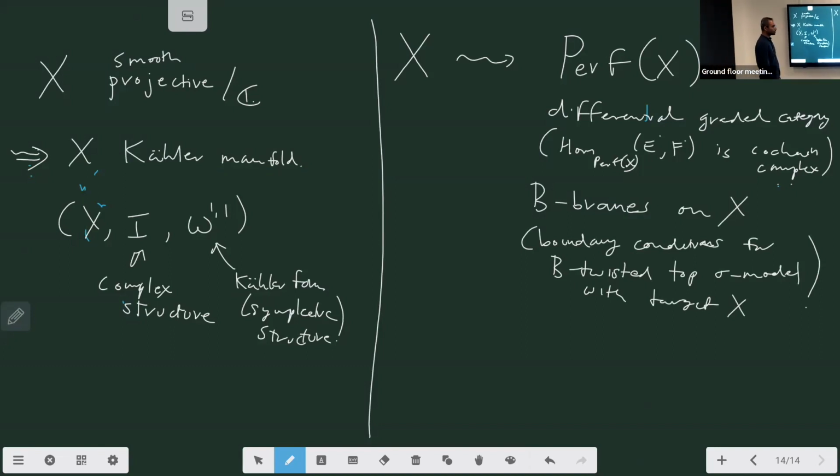And so what are objects of Perf? I won't really be able to tell you the whole definition of Perf. I mean, it's not very hard to define, but I don't have the time.